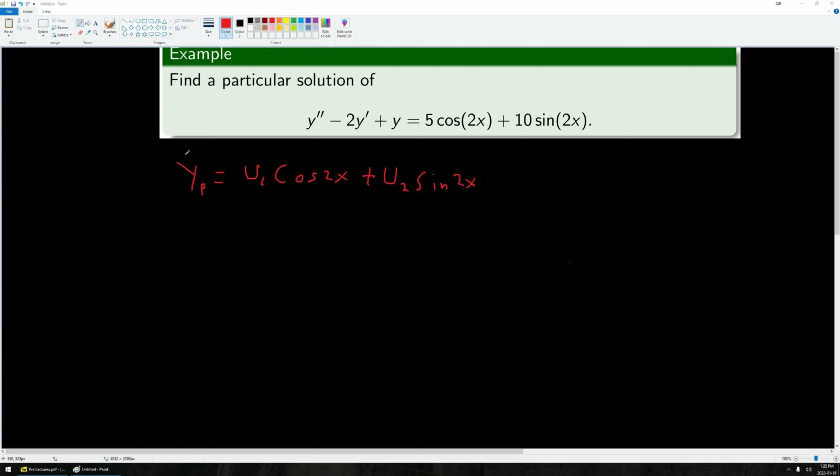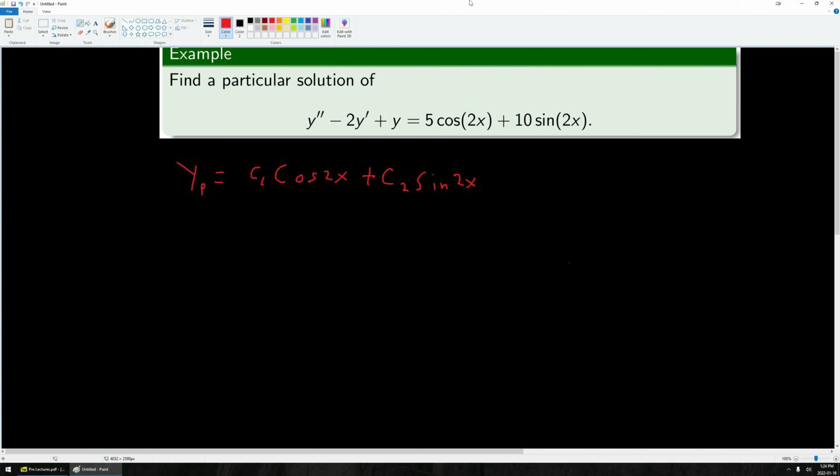It turns out that here, since these are constants, and we'll see with more examples how this works in more general cases, I can assume these u functions are just some constants c1 and c2. In general, we could use the other method, but let's just try this where u1 and u2 are constants, just to see what happens.